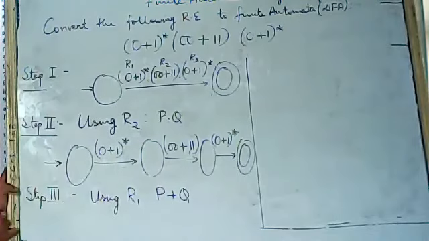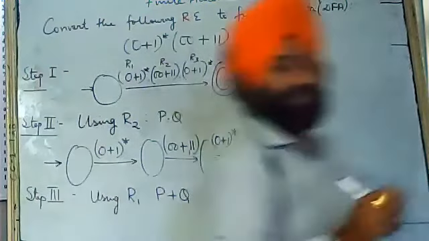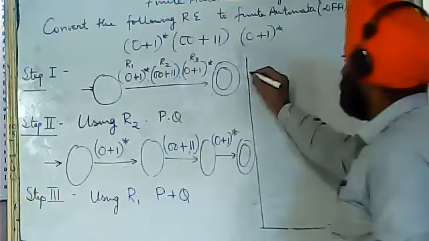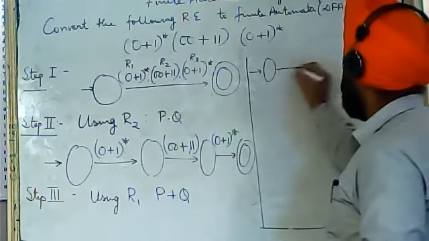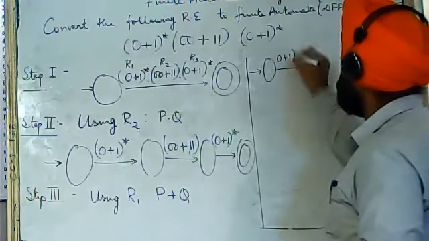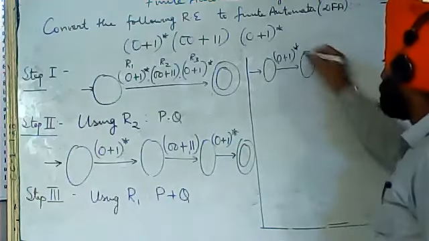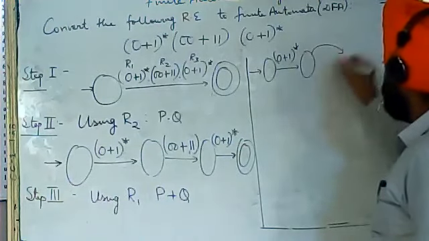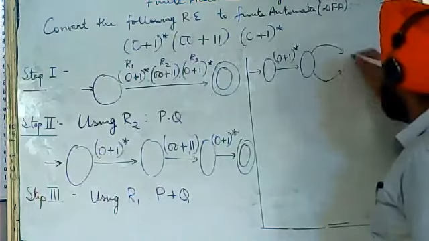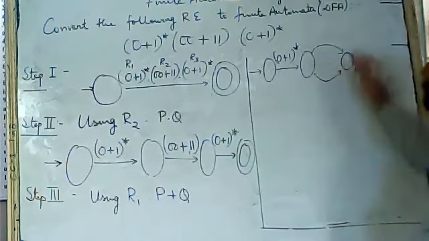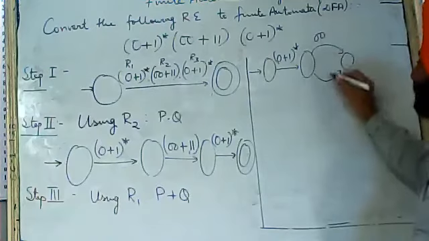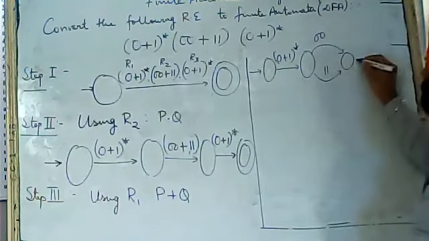Here you can see that, kindly draw this diagram in your notebooks because I am going to remove it. So again you have two ways. One is with 00 and the other is with 11.